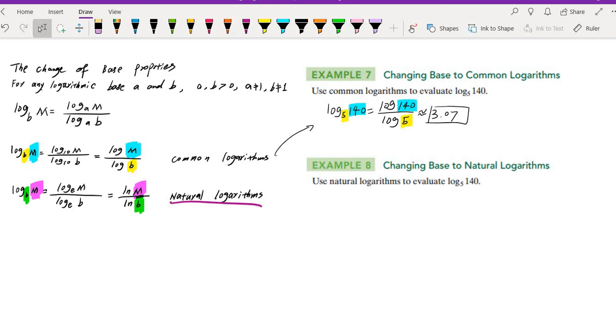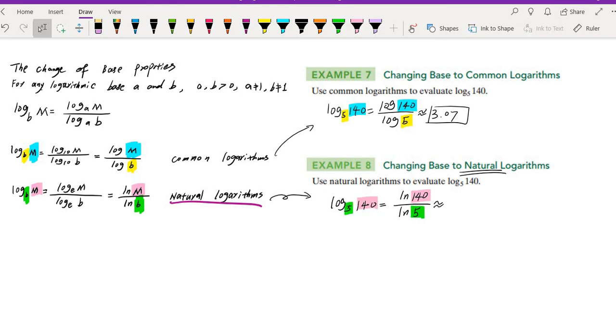Example 8. So change base to natural logarithms. So again, we have this log base 5 and then 140. We want to use the natural logarithms, so we have to use this second one. That means this is going to be equal to natural log 140 over natural log 5.